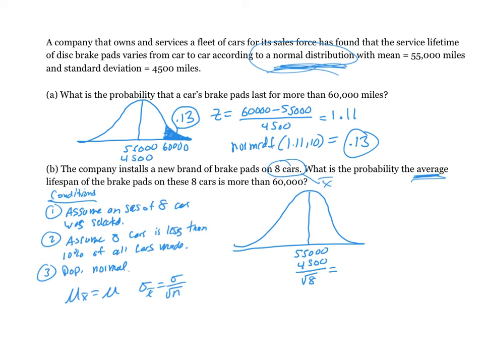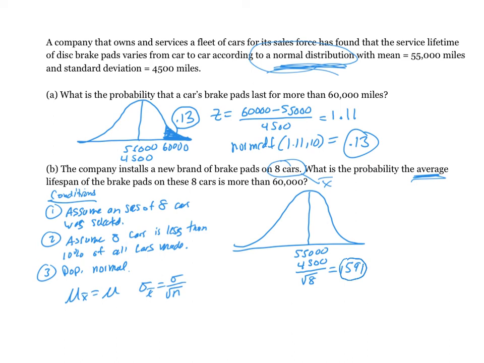So the sampling variability of this sampling distribution would be 1,590.91 miles, rounds to 1,591. Okay, so taking a sample of 8 cars reduces my sampling variability, okay? The average of 8 cars will only vary by 1,591 miles.